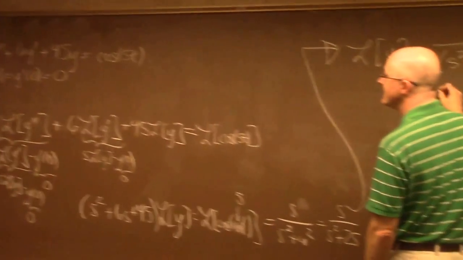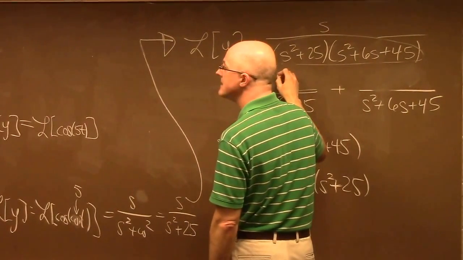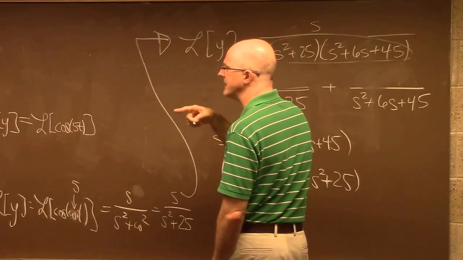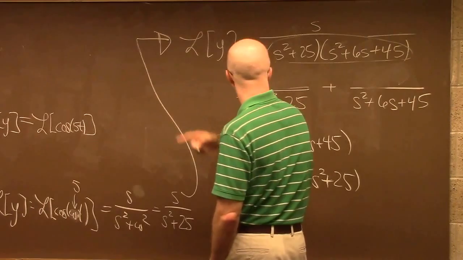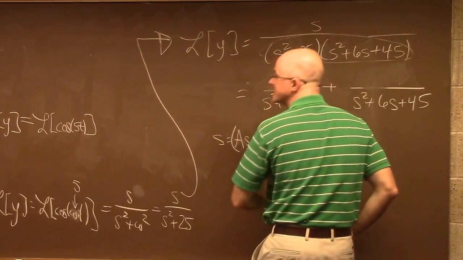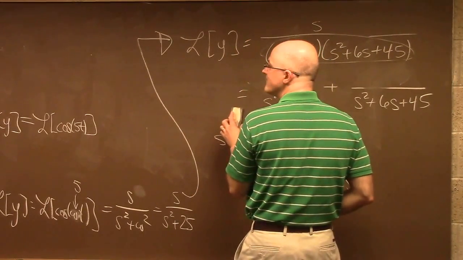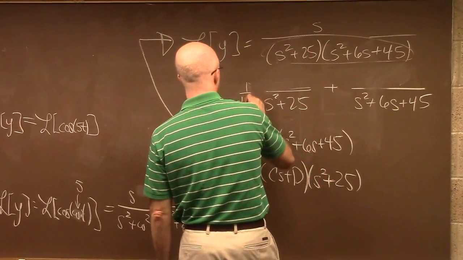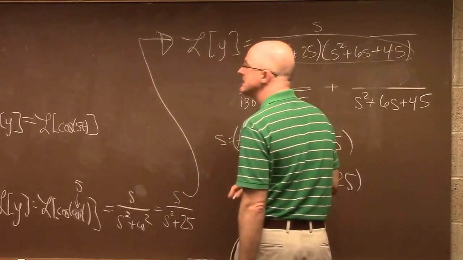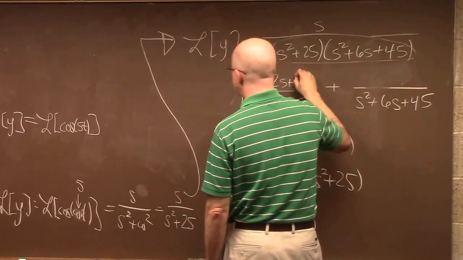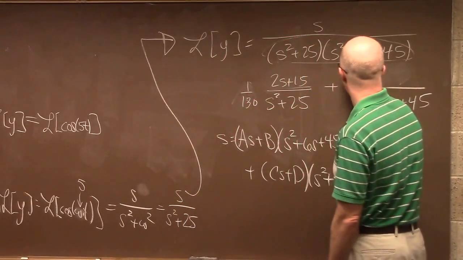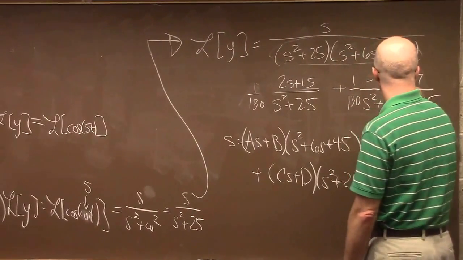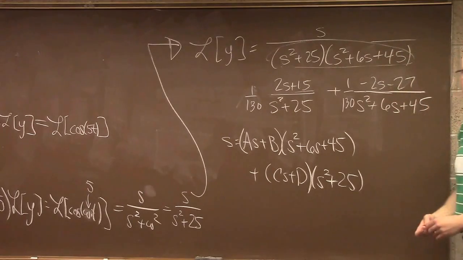So let's write it this way. Actually, I think I'll do it more like Mathematica's Apart did and write these as fractions over 130, even though some of those fractions can be reduced. Put a 1 over 130 in front, at least initially. So this is the thing we've got to take the inverse Laplace transform of.